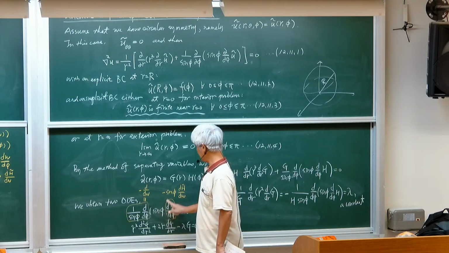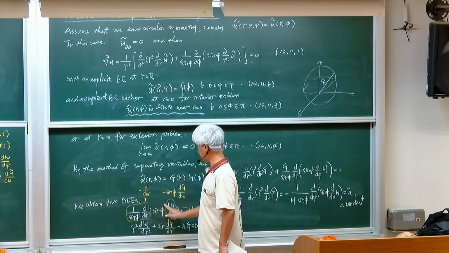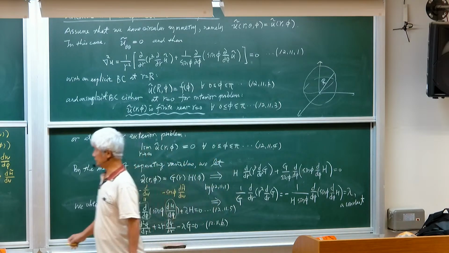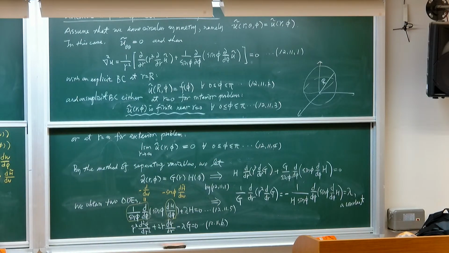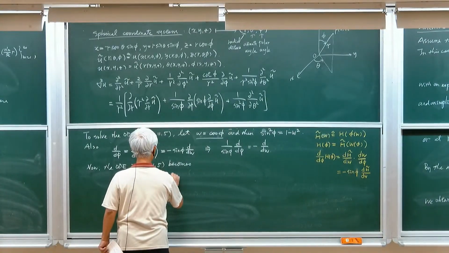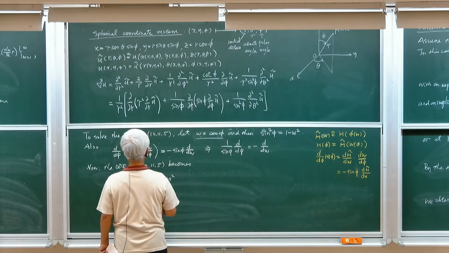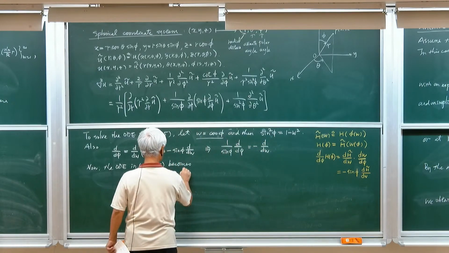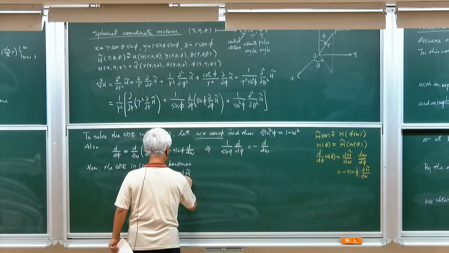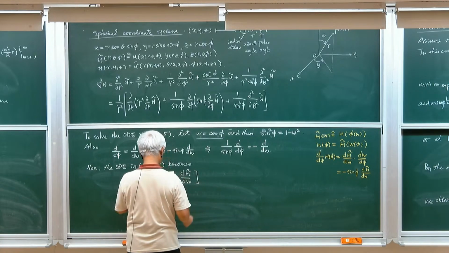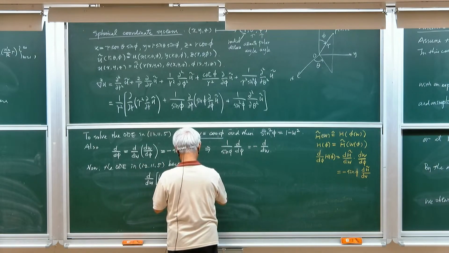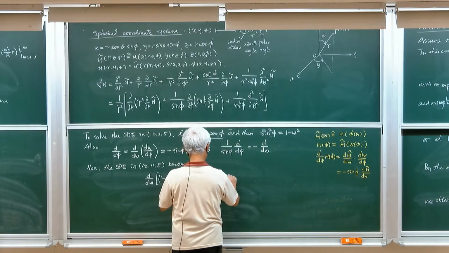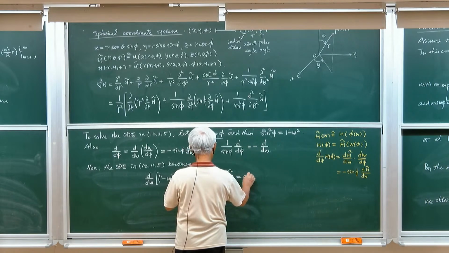And here we have sine phi square, the square of sine phi. But square of sine phi is equal to 1 minus W square, as we know, right? 1 minus W square, and this is DH delta and the dW. Okay. And plus that term on n plus 1 and the H delta equal to 0.